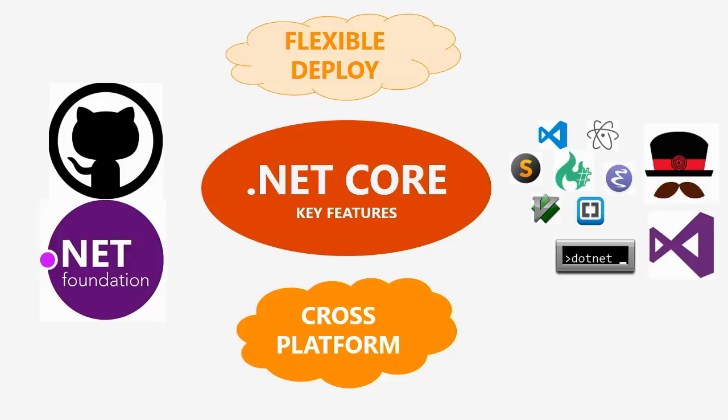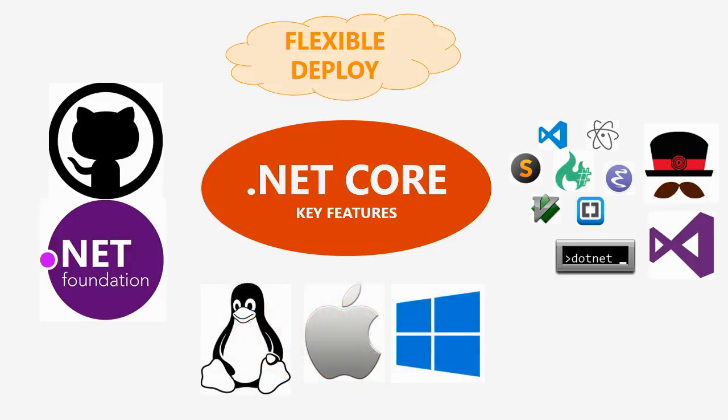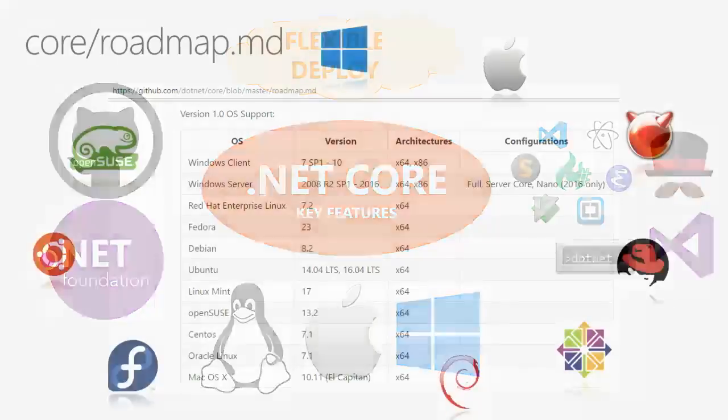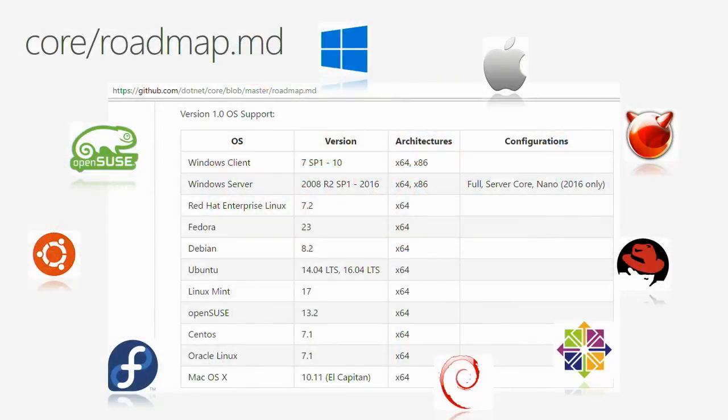Another crucial feature is that .NET Core is cross-platform because it is being designed to be cross-platform, and it runs on Windows, Linux, and Mac. So if you navigate to that core repository, the one with the documentation, and you look at the roadmap.md file, you'll see this detailed table that shows the supported operating systems for version 1.0.